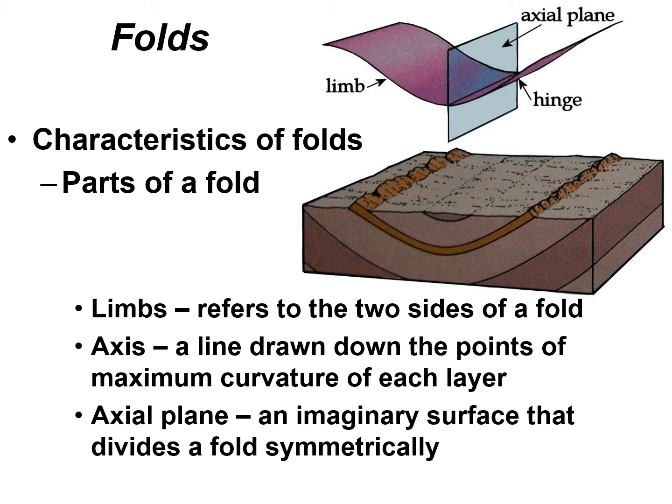All right, so when we have a fold, we name the folds based on whether the sides, which we also call the limbs of the fold, are above or below the axis, or the hinge line, which is kind of the middle. The axial plane divides the fold evenly in half. The axis is also referred to as the hinge.